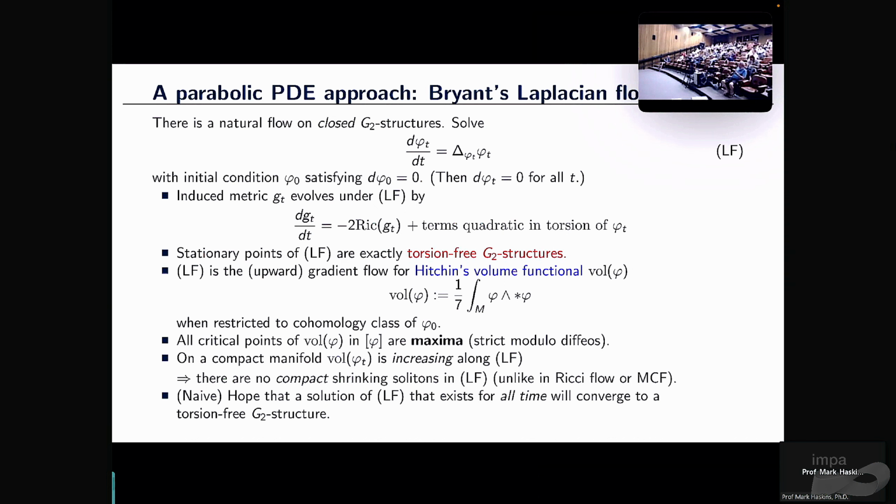That's the aim of any geometric flow: to try to exist for all time, hopefully, and then at infinite time have convergence to some nice geometric structure. So the parabolic PDE approach to torsion-free G2 structures would be to try to prove long-time existence and convergence results for the Laplacian flow.